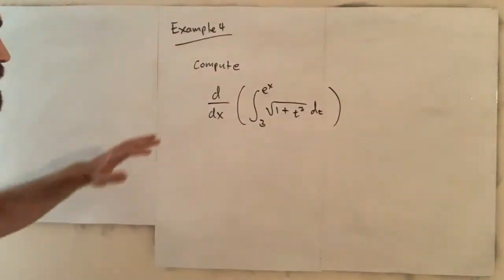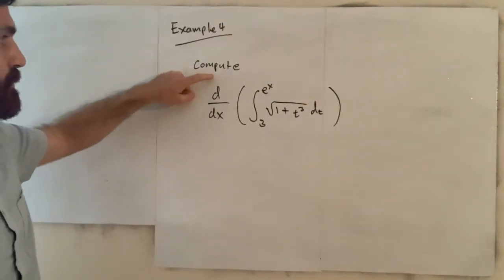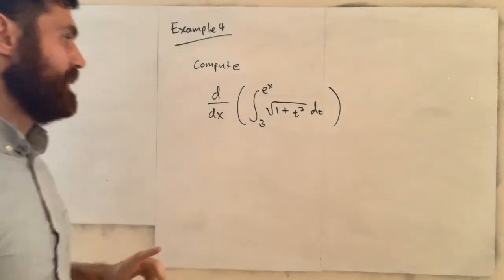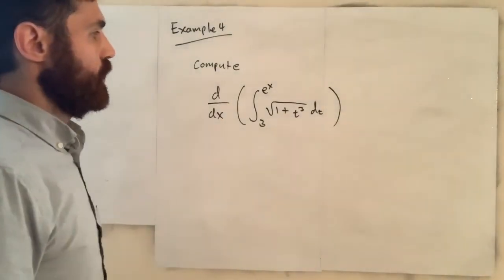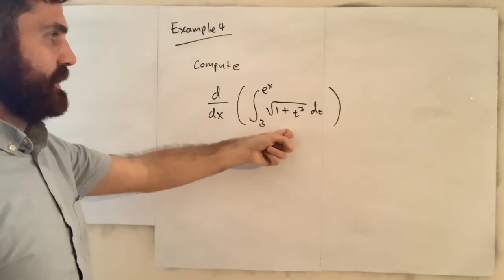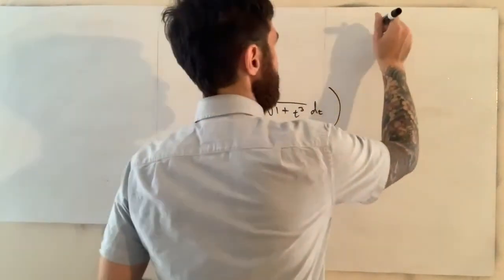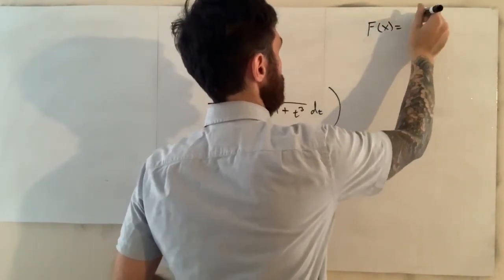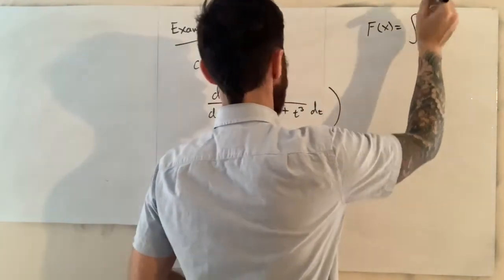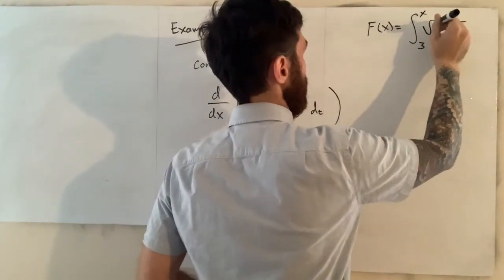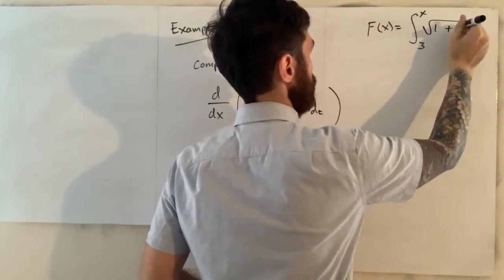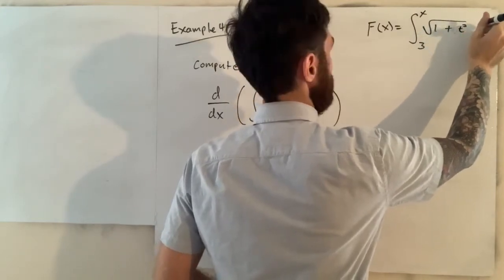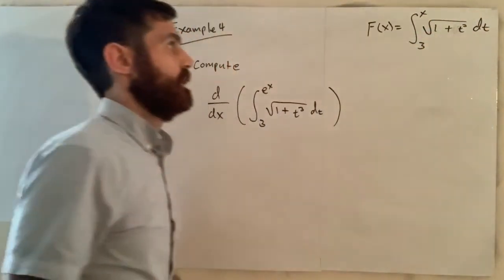All right, so here is example 4, and we're going to compute the derivative of this integral. Now, what you want to do is think, well, what is this integral here? Well, if I have something like f of x equal to the integral from 3 to x of the square root of 1 plus t cubed dt, that gives me a nice function.